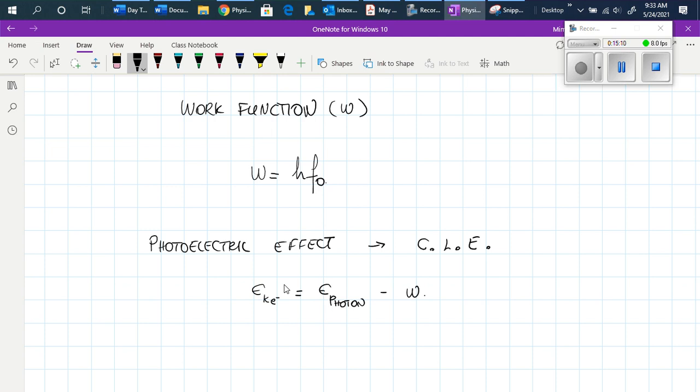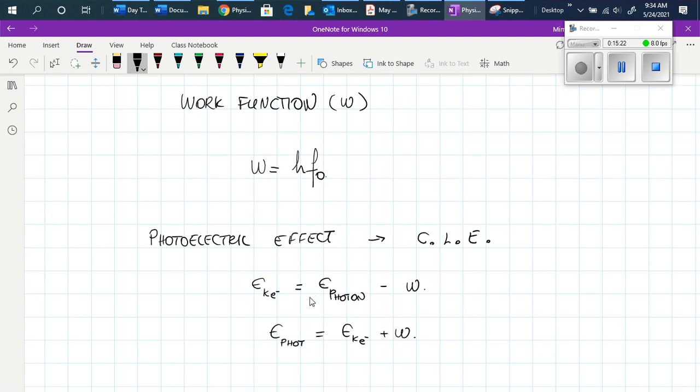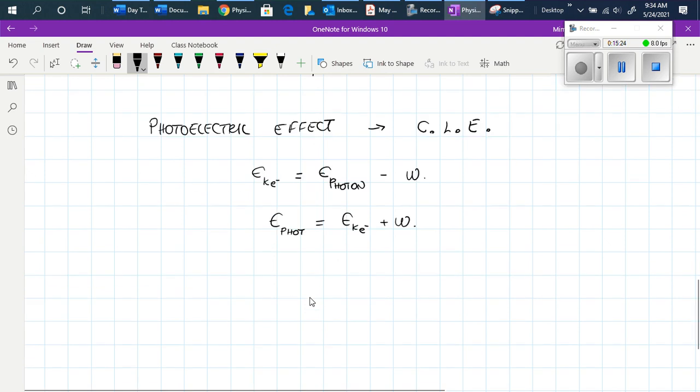Or, in other words, the energy of the photon is equal to the kinetic energy of the electron plus the work function.